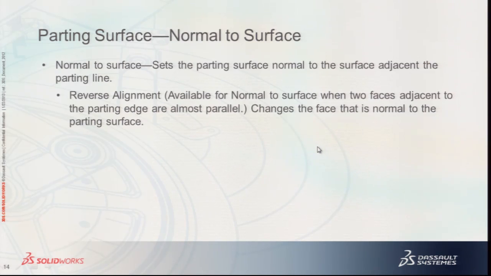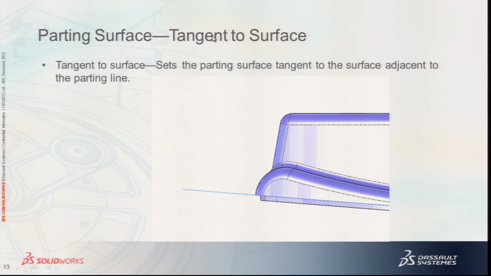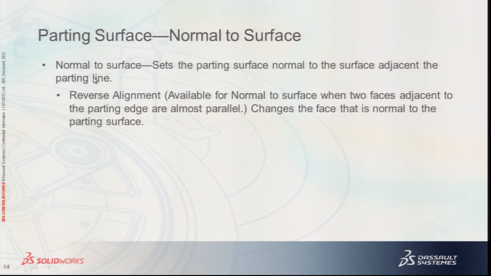The tangent to surface is essentially tangent to that surface which is most parallel to your parting line. So this is the bottom surface there, and it's going to try to make it tangent. And we have a normal to surface, which means normal to that perpendicular surface that's coming down.